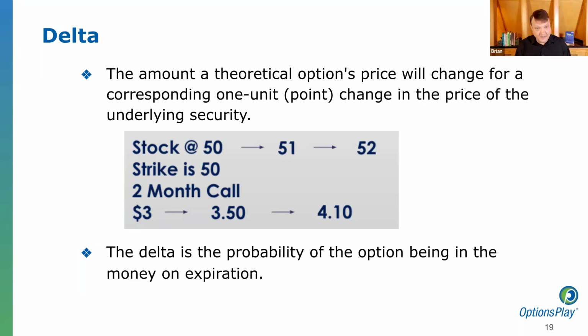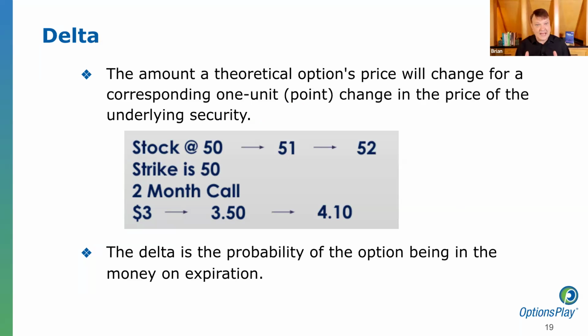Okay. Delta is the amount the theoretical option price will change for a corresponding 1 unit or 1 point change in the price of the underlying stock. So the normal unit is a point.